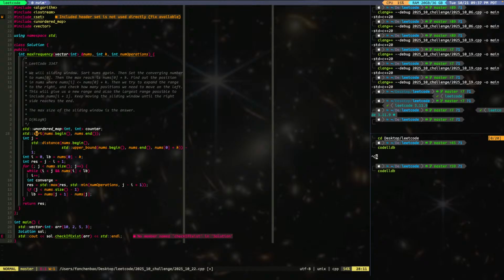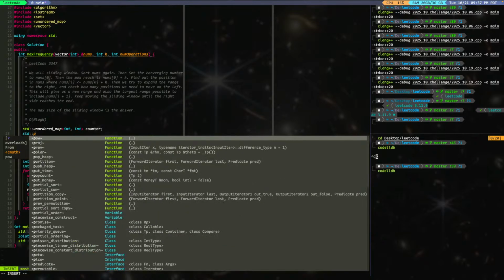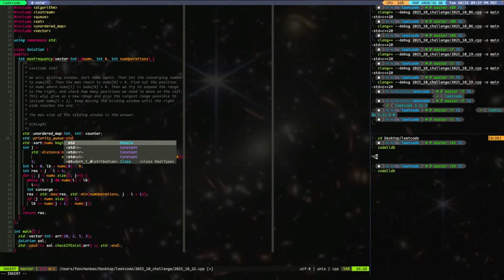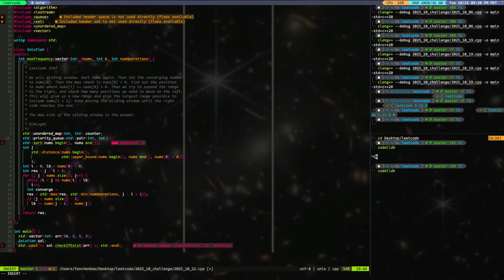Don't do it this way. We need to get everybody up to j. And then we need a priority queue of pair int. It's a max, so PQ, count frequency and number.